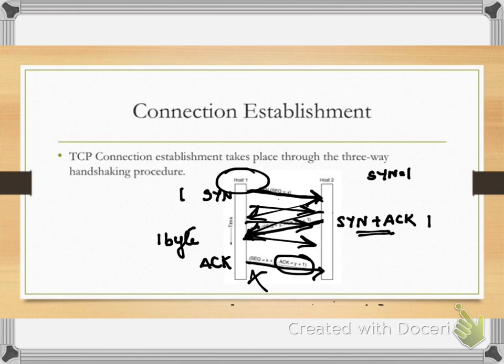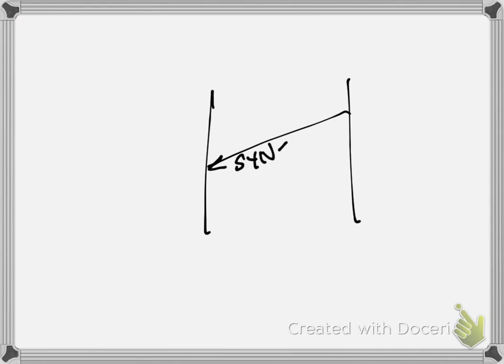Here the problem is much more than just opening the door. Every time host 2 sends back a SYN plus acknowledgement, it has to remember the sequence number it had used.